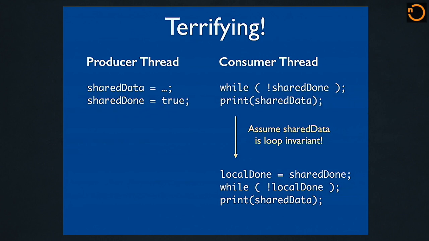It's just another variable inside the loop that we want to say doesn't change. So we can say local done is equal to shared done. Oh, if that's false, we'll just spin indefinitely. This is perfectly legal. It's the same optimization, just applied in a terrifying situation. If you want this to work, you have to make shared done volatile, and then it actually has to check every single time. It's not allowed to ever turn multiple loads into a single load.